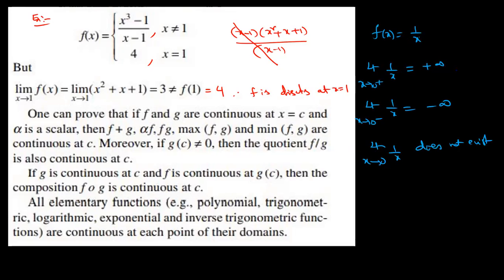So what does it mean here? Left limit and right limit both are existing, but not equal here. See carefully. Therefore, 1 by x is discontinuous at x equal to 0.